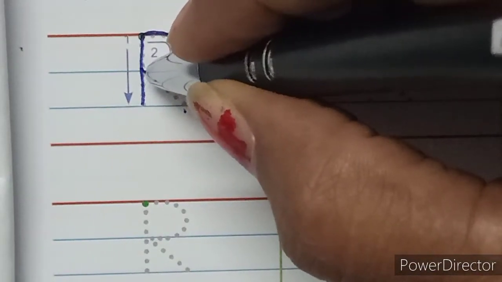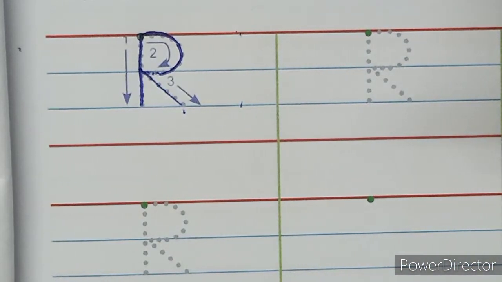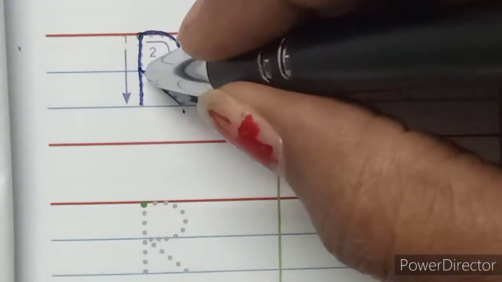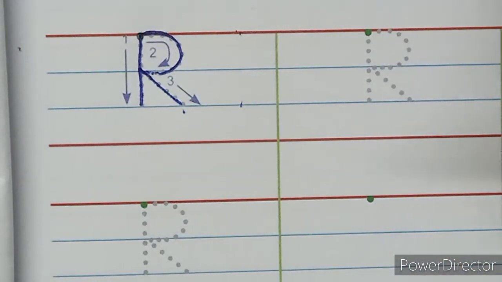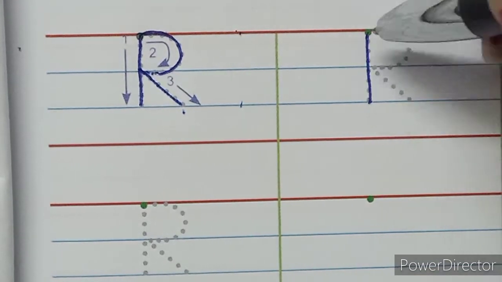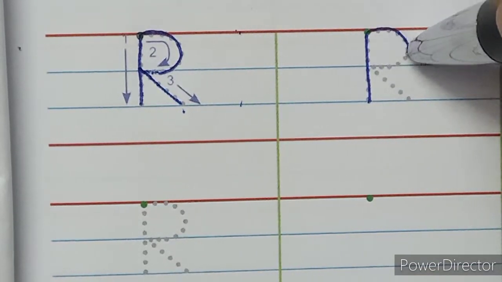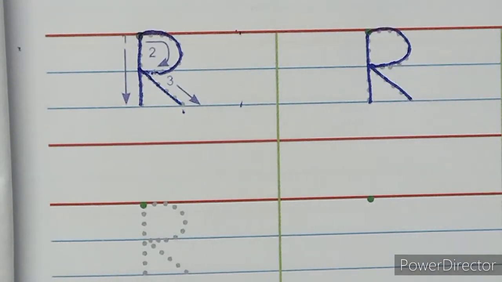From here we are going to make a slanting line. So we have completed writing letter R, capital letter R. Once again green dot, then standing line, then make a curve and make a slanting line. This is capital letter R.